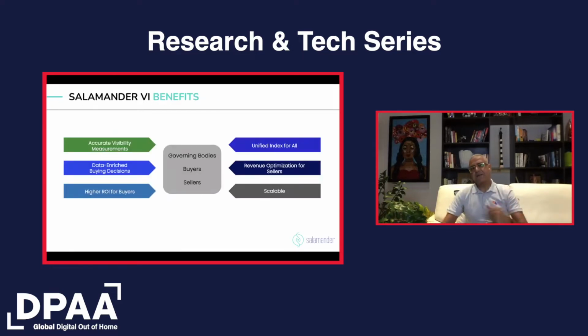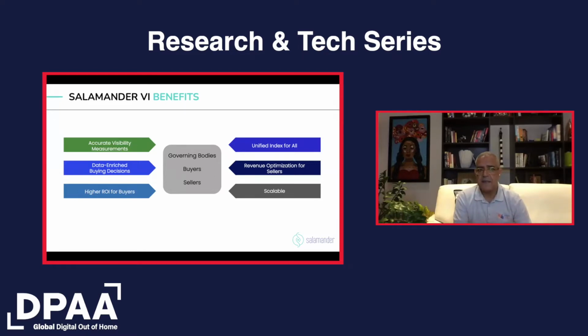Who will benefit from this? Governing bodies surely, and we are hoping to cooperate with Geopath and Route in the UK. We would like to contribute to their current success and give them a scalable solution that can help them remove the human dependency.